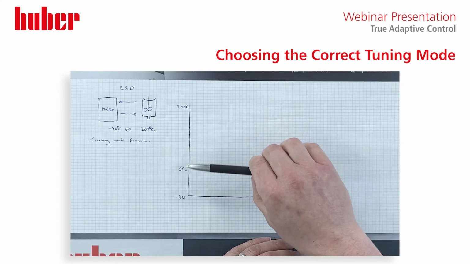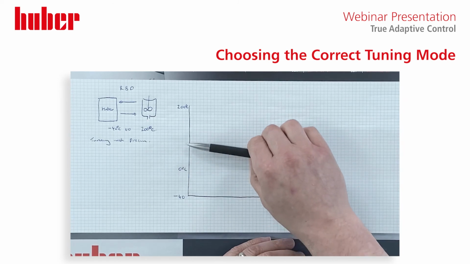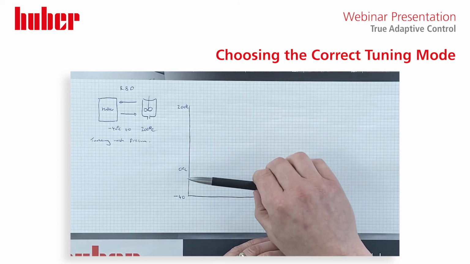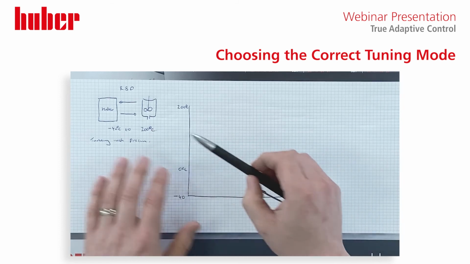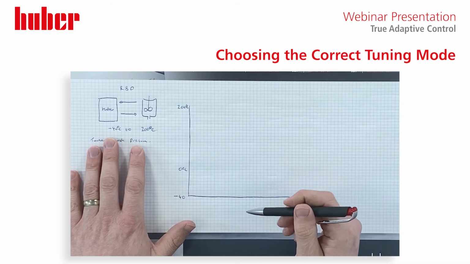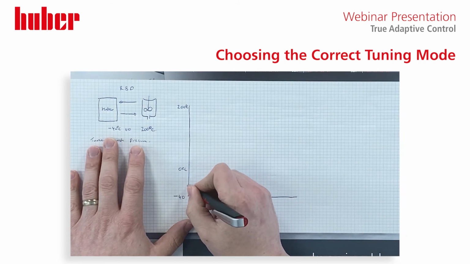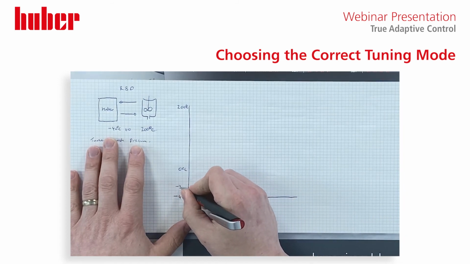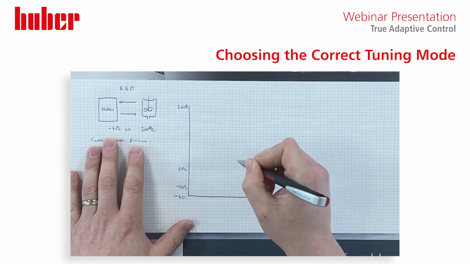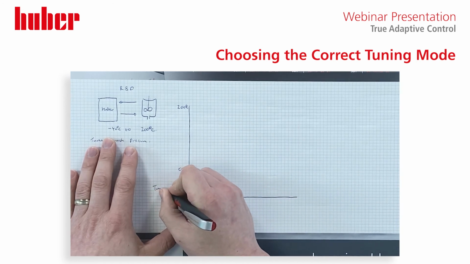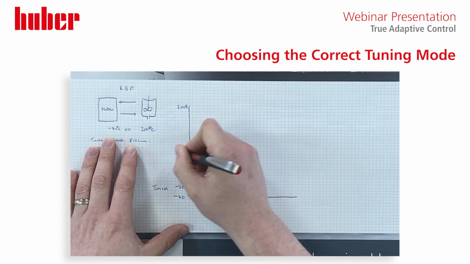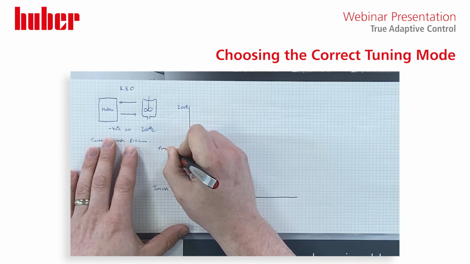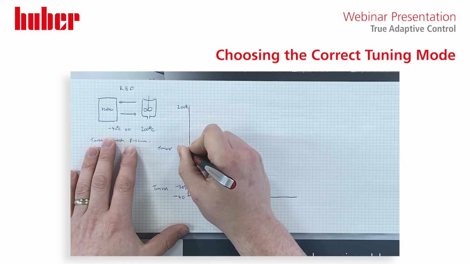For tuning with preliminary testing, the ideal scenario is plus or minus 30 degrees C. So in this case of our R&D reactor, I would set our T-min at minus 30 degrees C and our T-max at 30 degrees C.